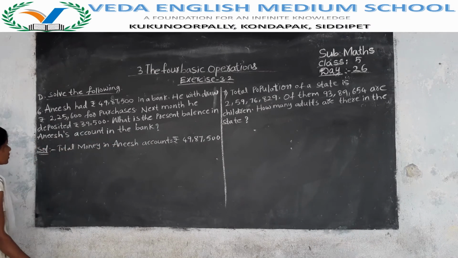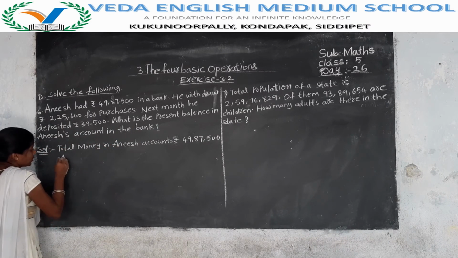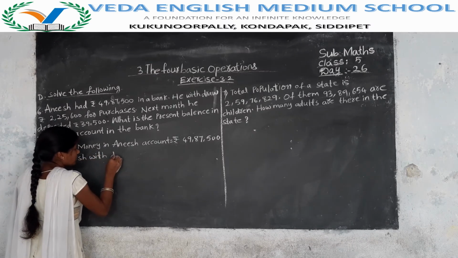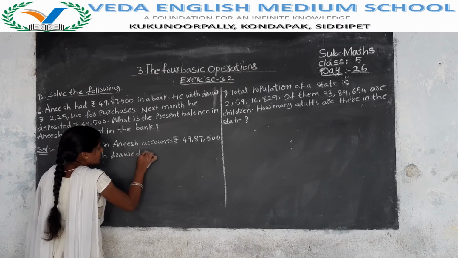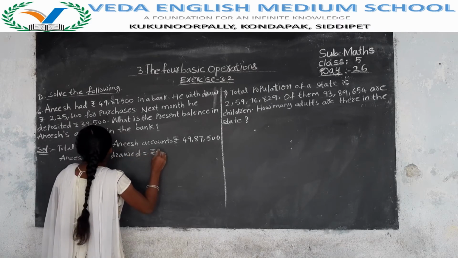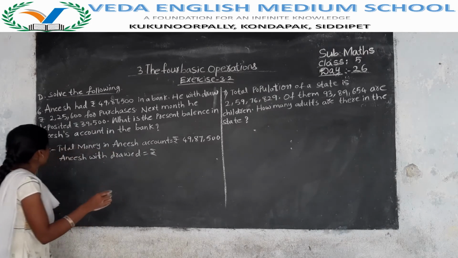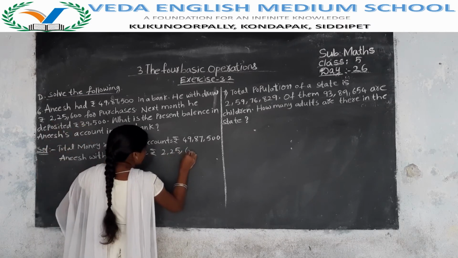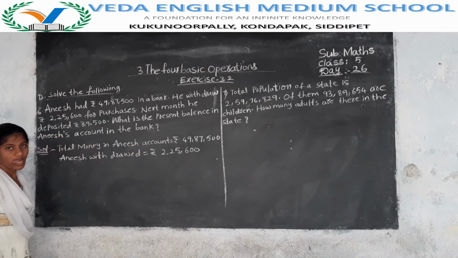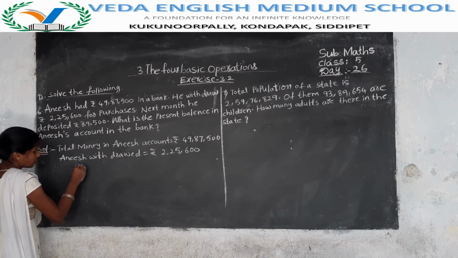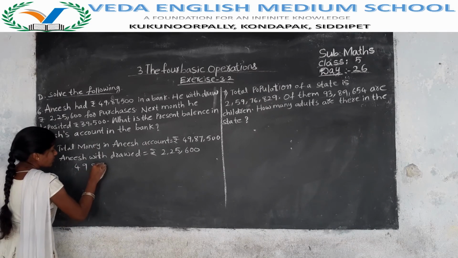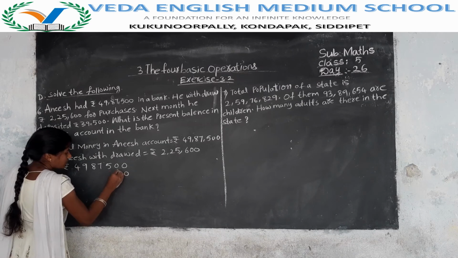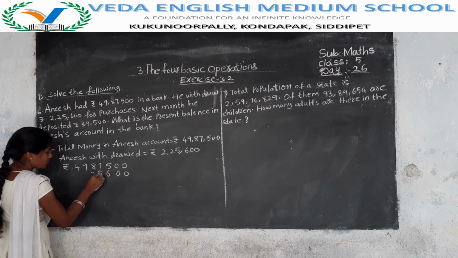Next, he withdrew. Anish's withdrawal is equal to rupees 2,25,600. Then in his bank he has 49,87,500. Then how much did he take out?